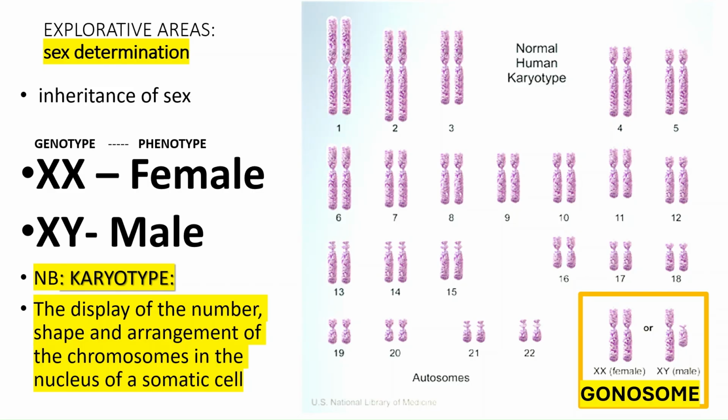If the chromosomes at position 23 are not identical and are not homologous, that is, one is large and one is small, then that person becomes a male. And it's the reason why we classify the chromosomes at position 23 as sex chromosomes, or we also call them gonosomes.